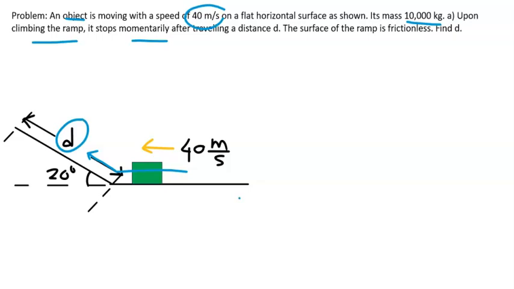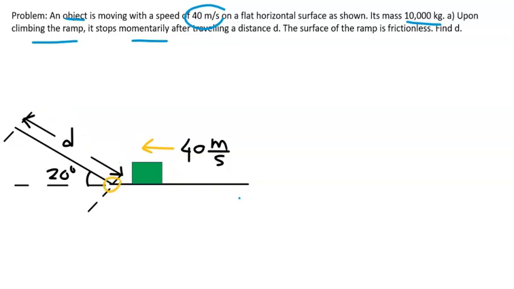And then, of course, because this surface here is frictionless, so there is no friction between the surface of the block and the surface of that ramp, it will eventually come down. So our task is to determine that distance d, namely the distance along the ramp as it stops momentarily. We can use the conservation of energy principle to solve this.